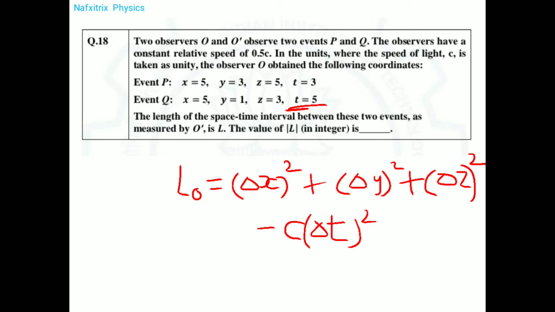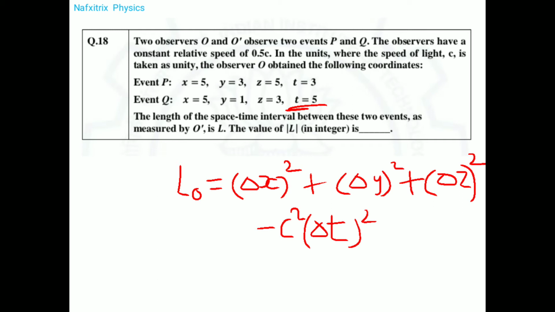Sorry, it should be c square delta t square, so c square delta t square. So this is the formula.